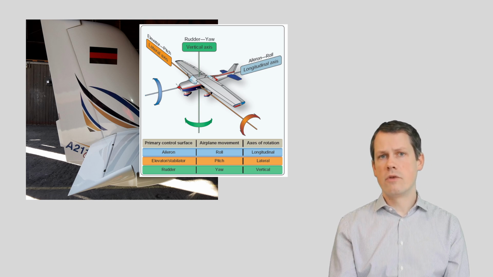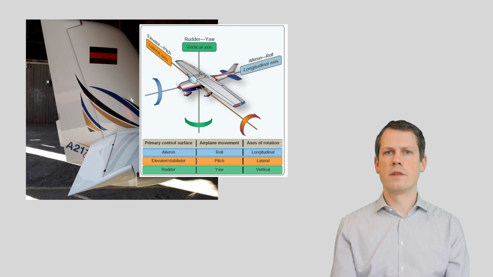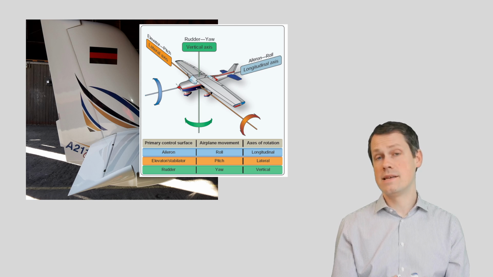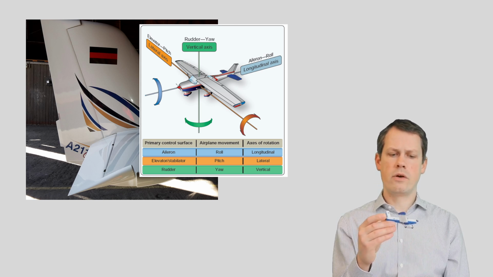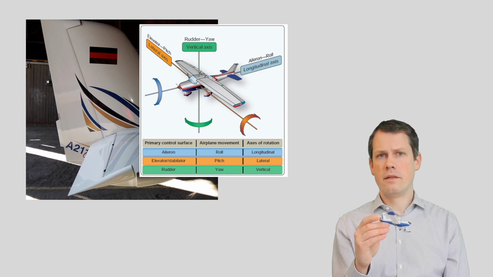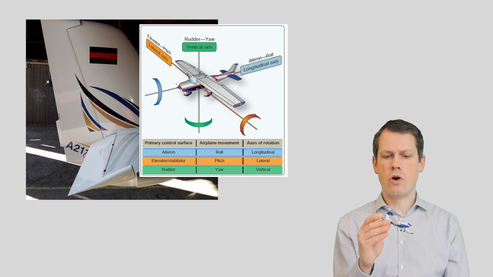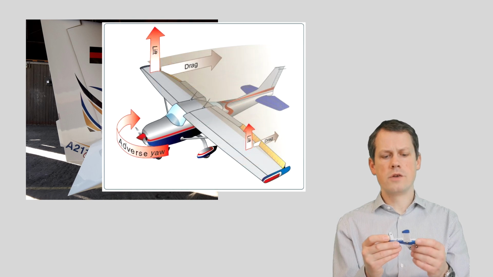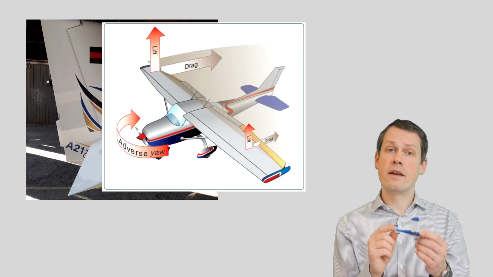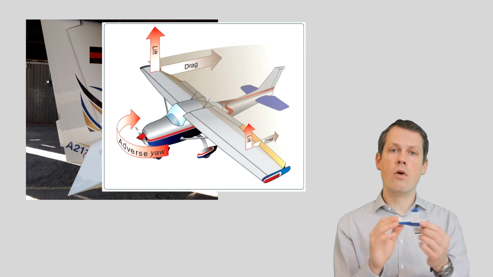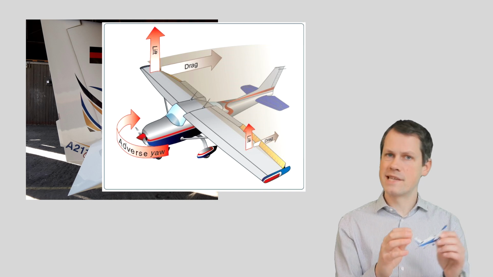In flight, the rudder is used during turns. We'll talk about that in the turning lesson, but when you're creating bank, then in most airplanes you have adverse yaw, which means you also have to apply rudder in direction of the turn to really fly a coordinated turn, so you're not slipping or skidding.